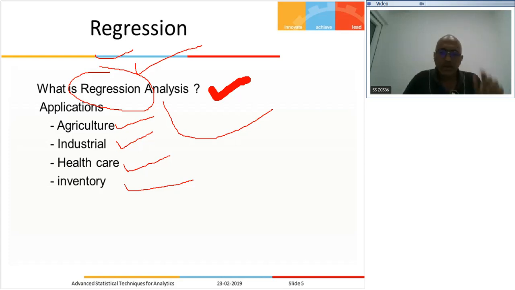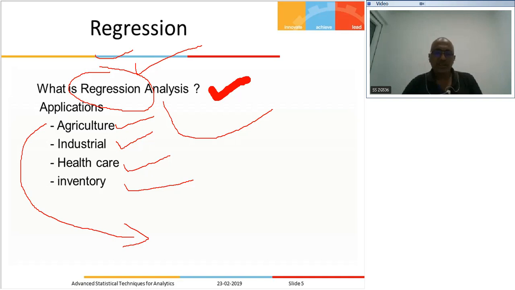So now again I repeat, because understanding the process is very important. We'll see it in three steps. Suppose we take an application related to agriculture, or inventory, let's take agriculture. So we had two parameters. What are those two parameters?